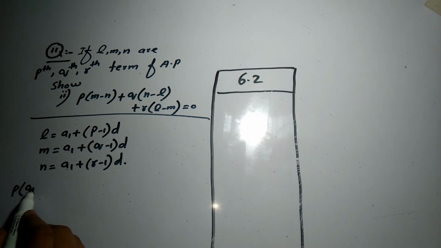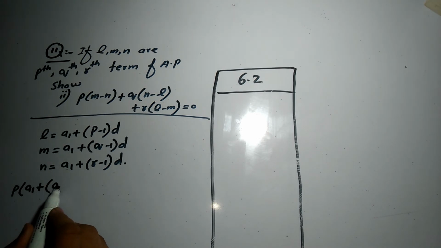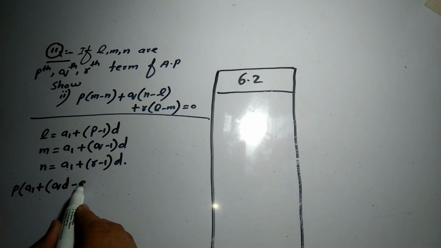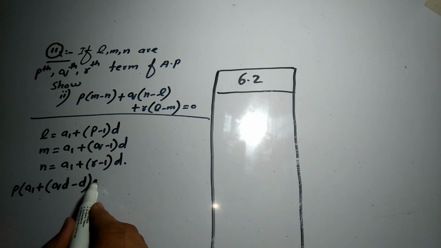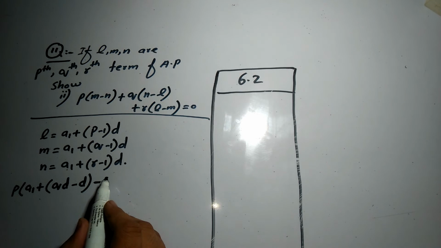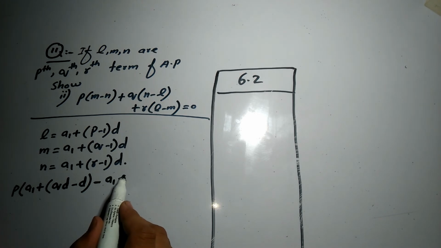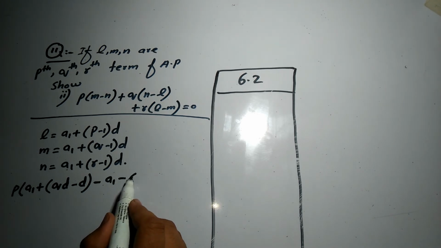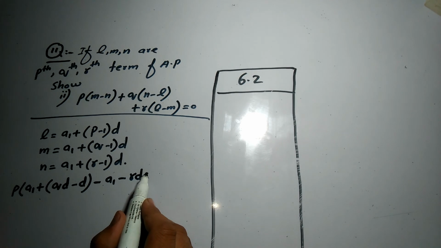M is equal to a1 plus QD minus D. N is equal to a1 minus RD.